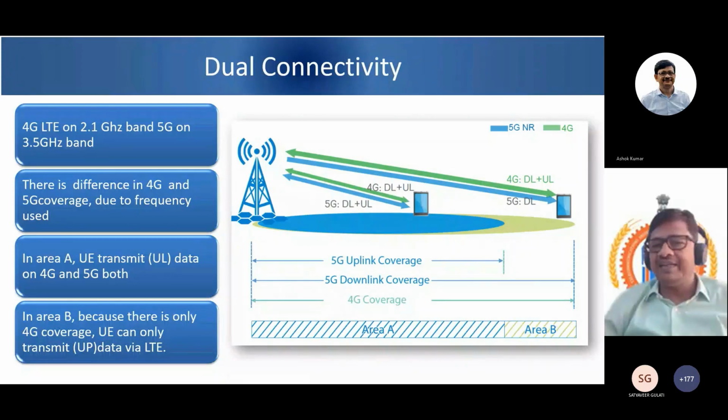If that arrangement is made, tower is not a problem. Tower is just a hosting environment. It can be a nearby tower or other tower. So yes, it is possible, but that configuration has to be done in the backend. Between the 4G and 5G core, certain interfaces are also defined for dual connectivity. And between the two radios, 4G and 5G radio, there is an interface which needs to be connected. If those aspects are done, yes, it can be done.